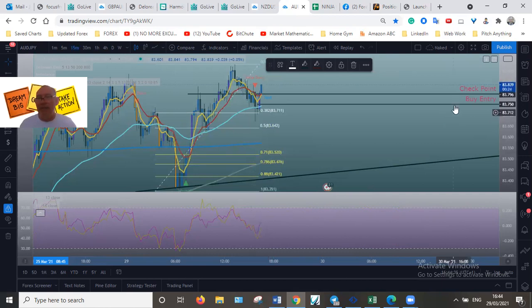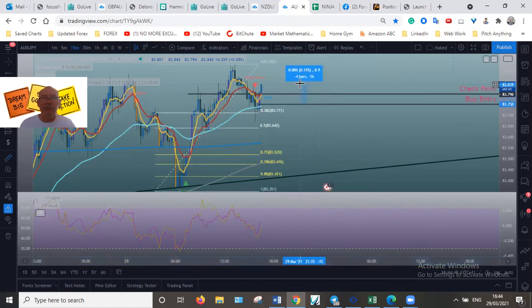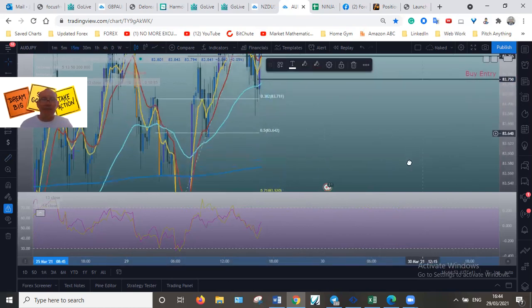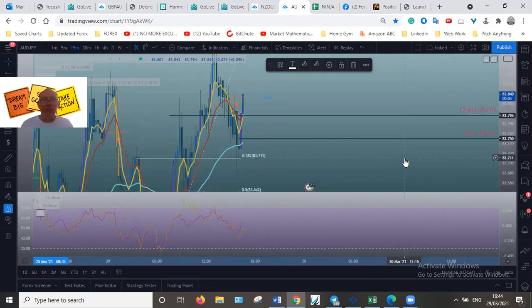And I entered here, and currently up. Not too much, but it's a new trade, currently up 9-10 pips. This is live, ladies and gentlemen, as we're speaking.